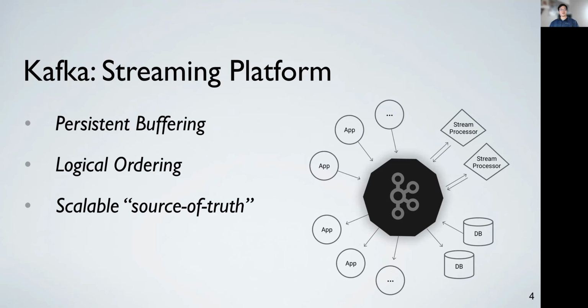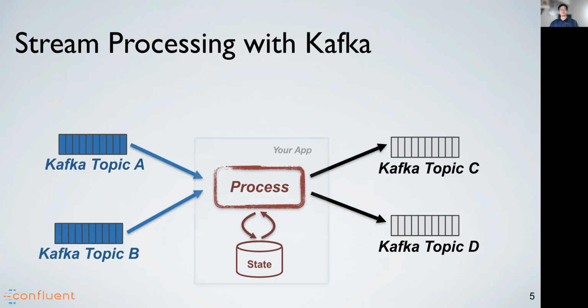That is because Kafka can store those data streams as highly available, persistent buffers and organize them as immutable logs with logical ordering. So here's a quick concrete example of how stream processing works with Kafka. First of all, stream data is organized as topics, which can be partitioned to achieve data parallelism. New records can be added to the topics as append only, and readers can then fetch them sequentially.